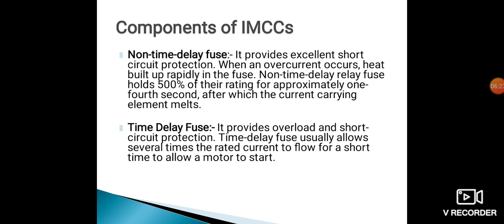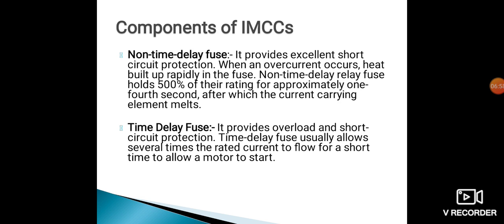This type of fuse cannot be used for motors which have high inrush current, near about 500% of the rated current, because it has a melting capacity of 500% current for 1/4 second. After 1/4 second of this high current, the fusing element will melt and disconnect the load from the supply to protect the motor.